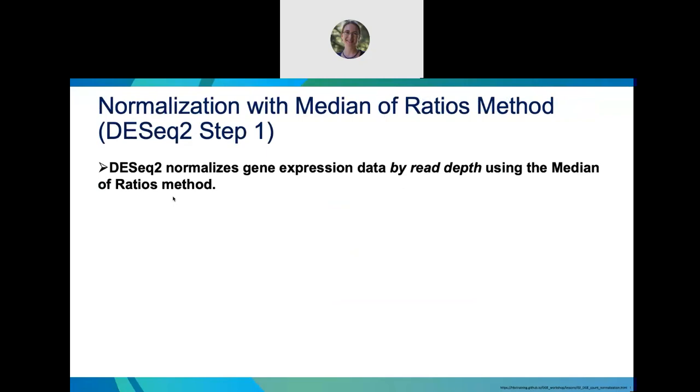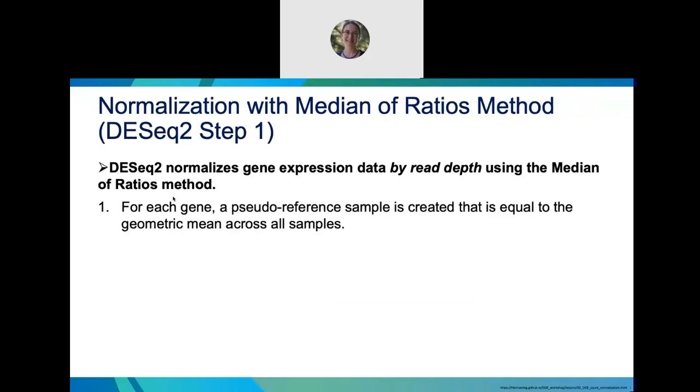So the median of ratios has, I believe, 4 steps. The first step here is to look at all the samples and calculate the geometric mean across all the samples. So the geometric mean is the square root of the product of all samples.